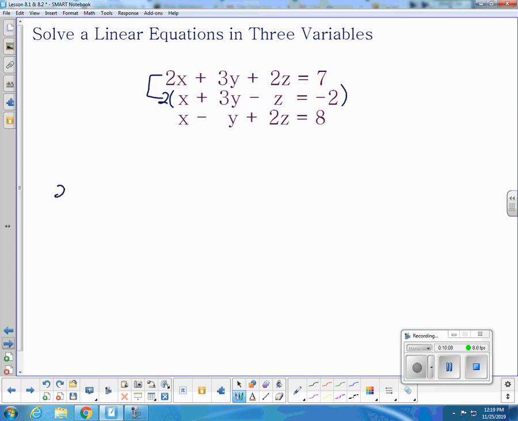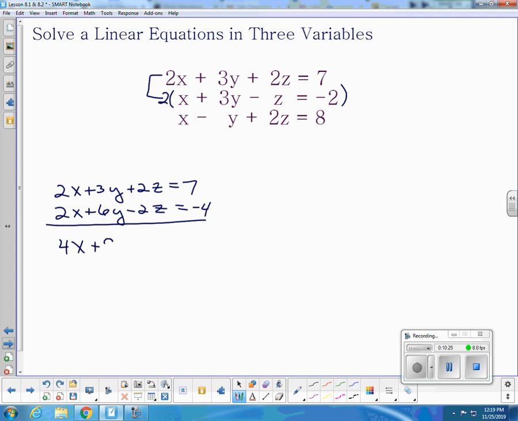Okay, so top equation's not changing. Bottom equation is going to become 2x plus 6y minus 2z equals negative 4. So I'm going to rewrite, add them together, and I get that equation. Okay?